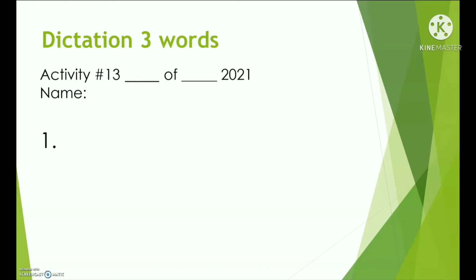Number 1. Fern. Number 2. Spell the word flowering. Number 2. Flowering. And number 3, spell the word propagation. Number 3, propagation.